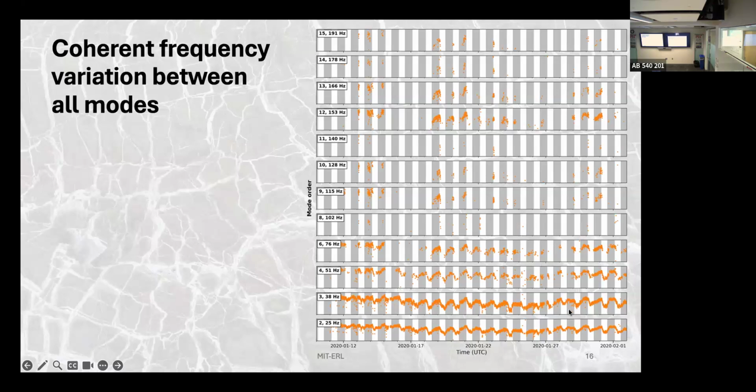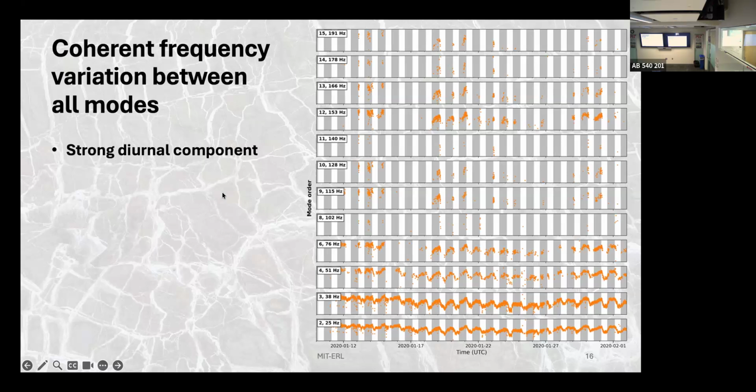This is a very salient feature of our tremor signals. You can also see that the higher modes, especially the ones above the fourth mode, are more clearly observed at night than in days, although the lowest 2 modes seem to be on most of the time.